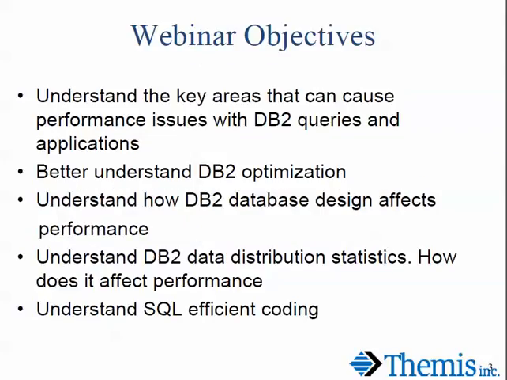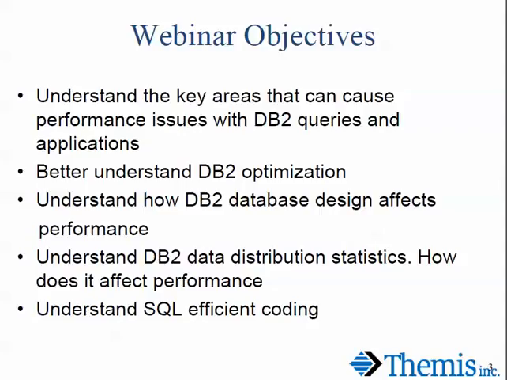So we're going to talk about a few things here. What are the key areas that cause performance issues with DB2 queries and applications? A little bit better understanding of DB2 optimization. DB2 database design has an effect on performance. There's a lot of different areas that have an effect on performance that we're going to talk about. Statistics.